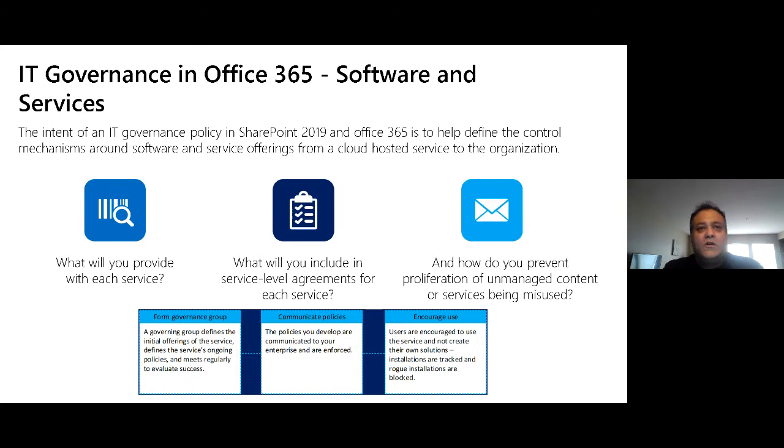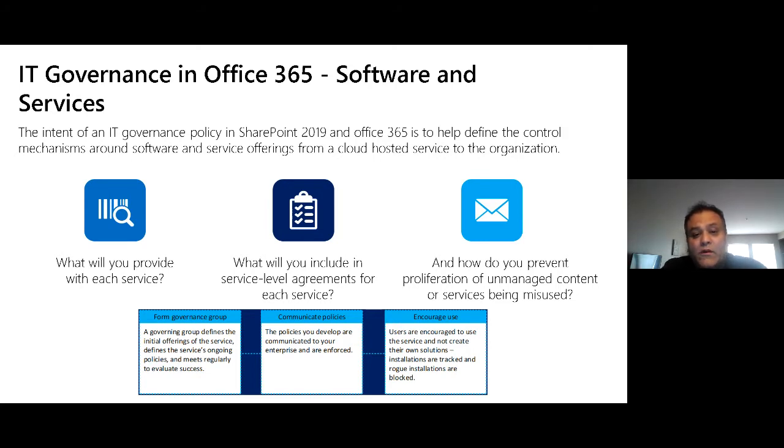So if you're going to use a particular technology for collaboration, then it's going to be very clear. If you're going to use SharePoint as a records repository, it's going to be very clear in the governance plan what that is, what that means.